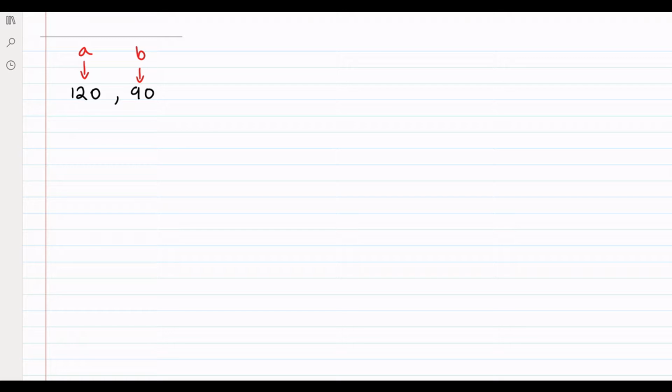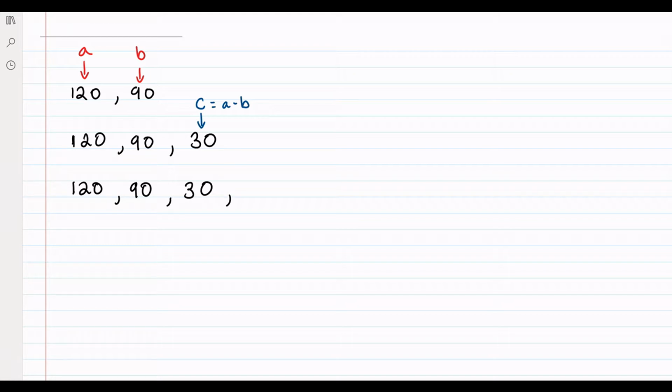Okay, so now the next term in my sequence, the first iteration of my sequence, is going to be 120, 90, and then 30 will be the result here. So maybe this will be my C variable, which is A minus B. And then the next iteration of the sequence will be 60.